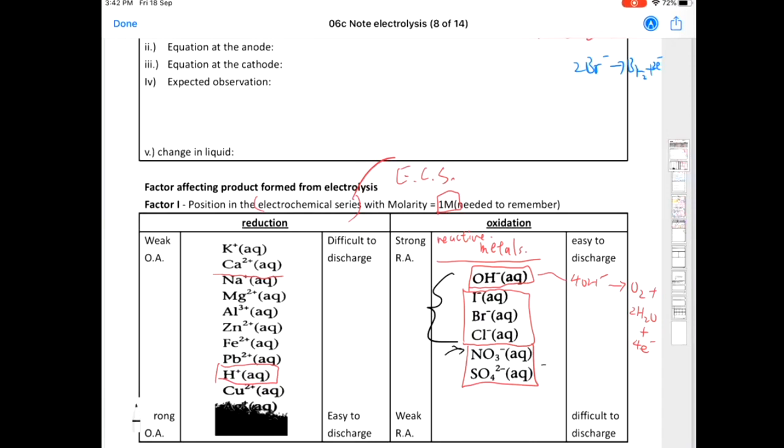Then how about I minus? Is it easier for it to discharge or more difficult compared with Cl minus? Easier. Why? Higher position in the electrochemical series than Cl minus. When the concentration of I minus is slightly higher than hydroxide ion, then it can discharge already.